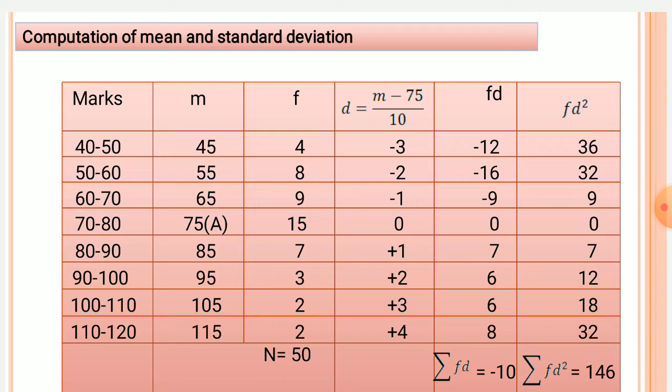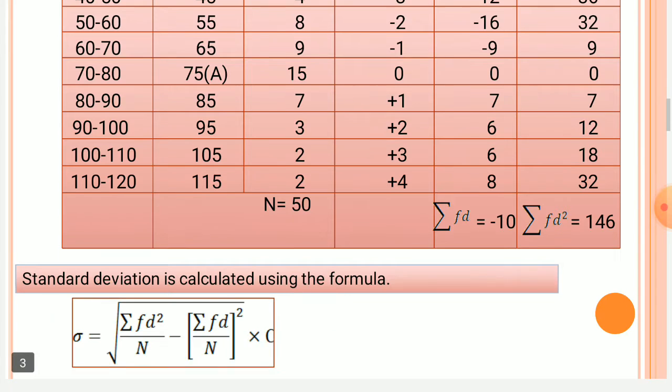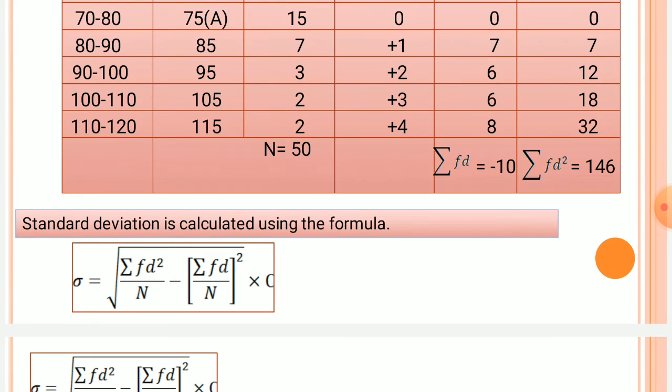Now find the sum of all these: fd square, fd and f. Now sigma fd square is equal to 146, sigma fd is equal to minus 10, and f total frequency n is equal to 50. This is the preparation of the table showing fd square, sigma fd square, sigma fd and n total frequency.